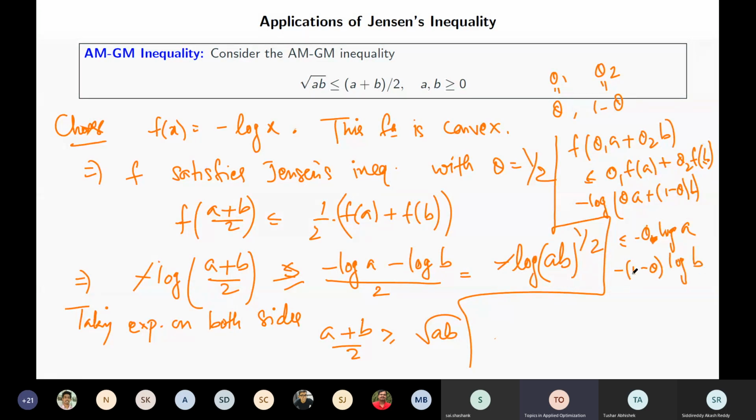Then we multiply both sides by minus 1, and the inequality changes, so log of theta a plus 1 minus theta b is greater than or equal to theta log a plus 1 minus theta log b.